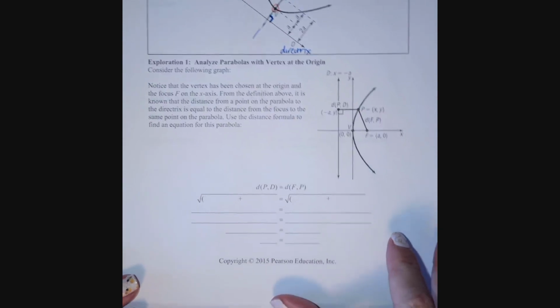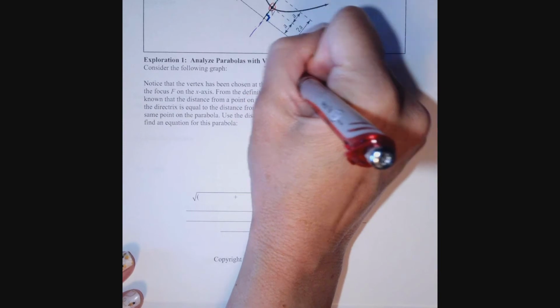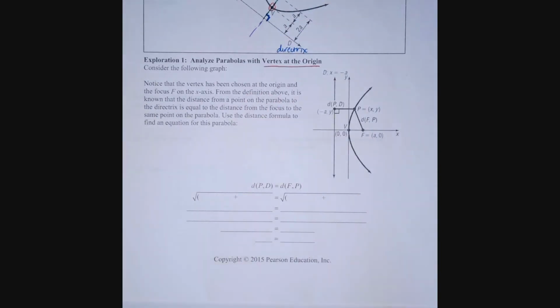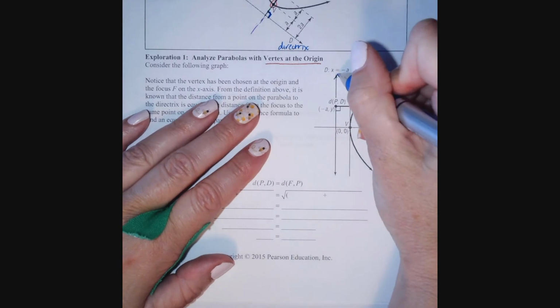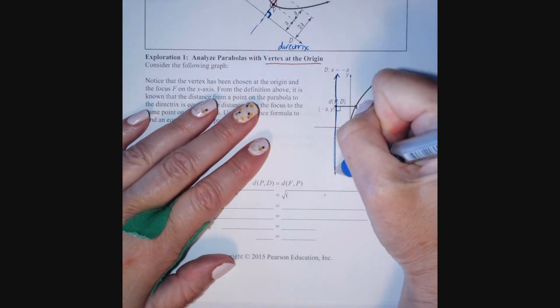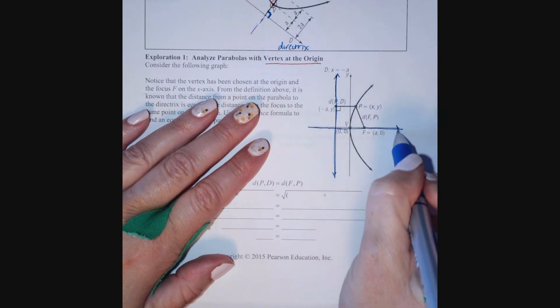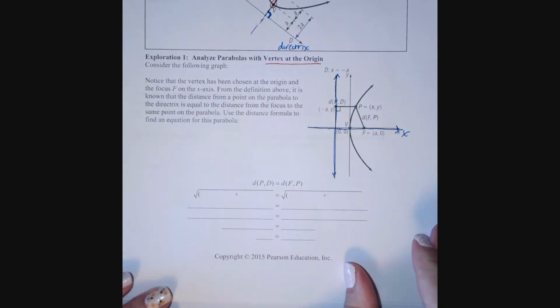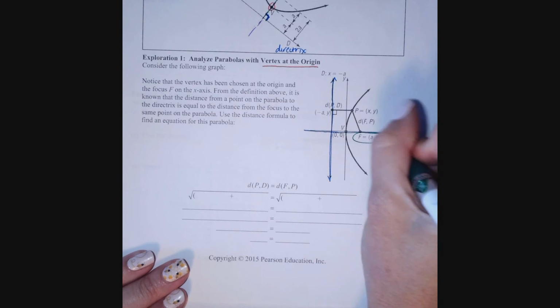Now, let's analyze parabolas with the vertex at the origin. We're starting out with our parabolas having a vertex at the origin. You can see your XY axes right here. I'm going to color them for our purposes so that we can see them a little bit easier in relation to what we're working with. Notice the vertex has been chosen at the origin and that F is on the x-axis. So F is over here on the x-axis.